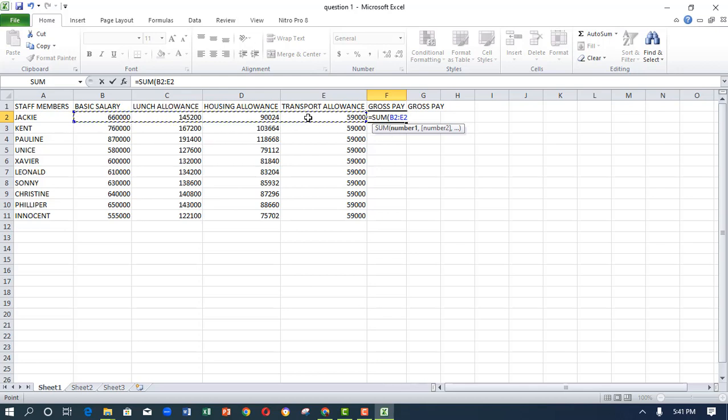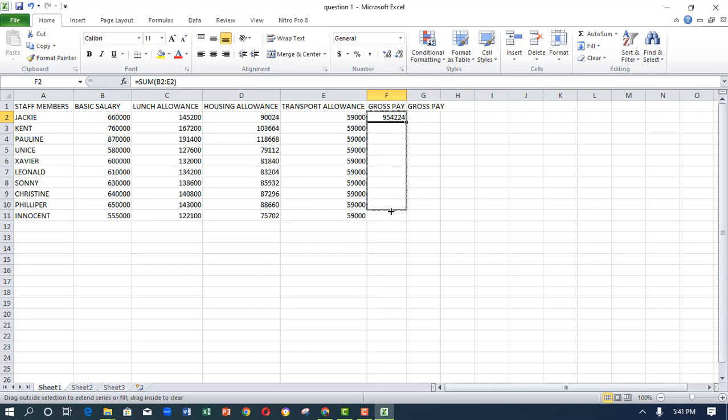Then you close the brackets and press enter on your keyboard. So this is the gross pay of Jackie. To calculate for the rest of the employees, you just autofill. You press Ctrl S and save the changes. So here we have used the function called sum.